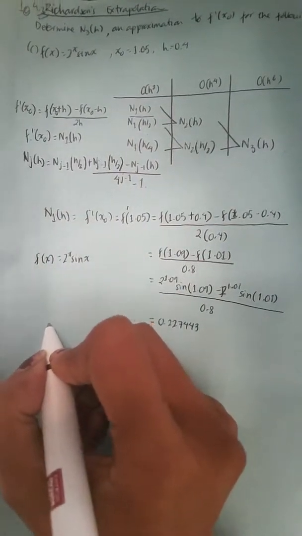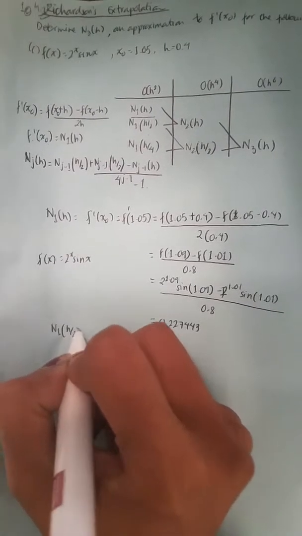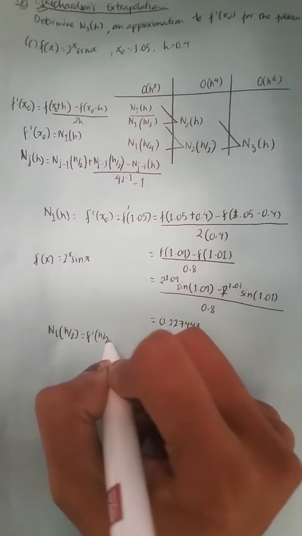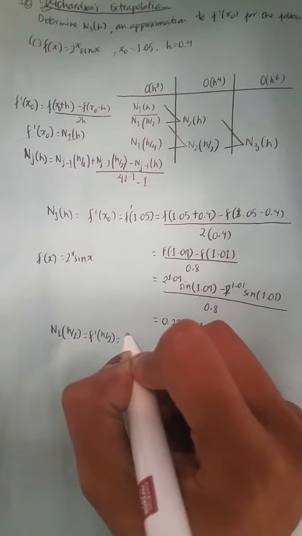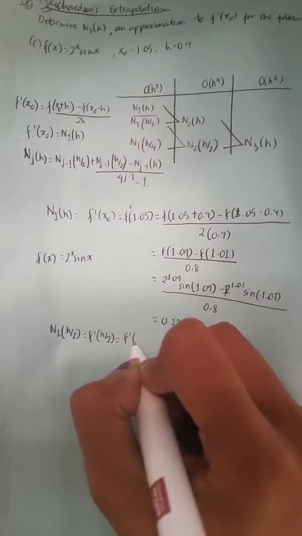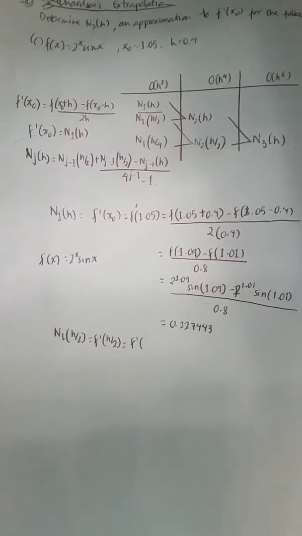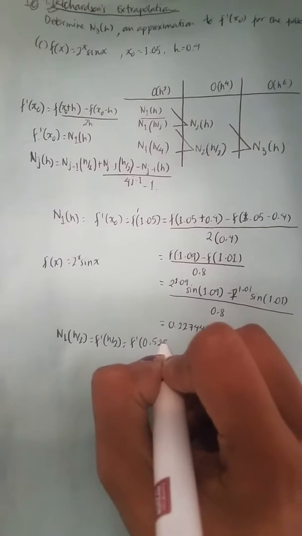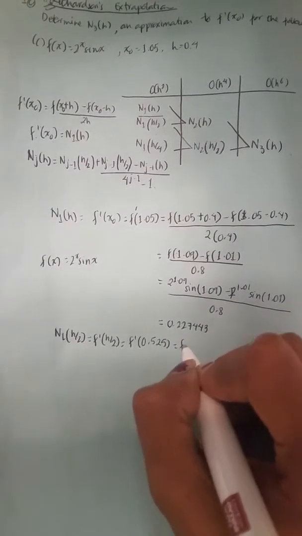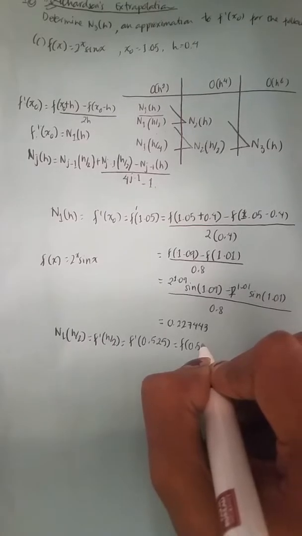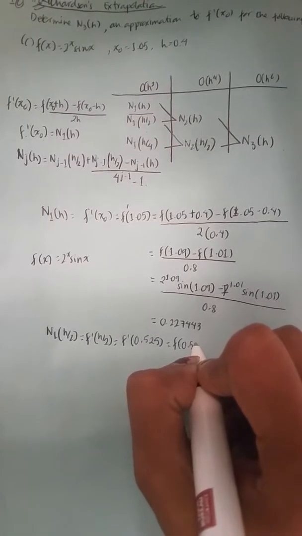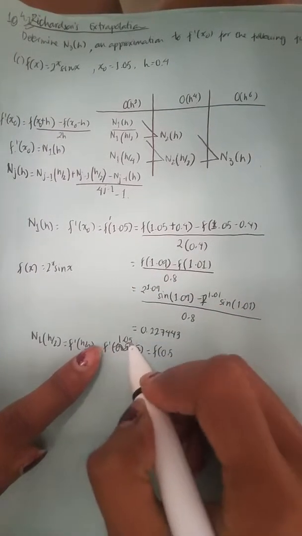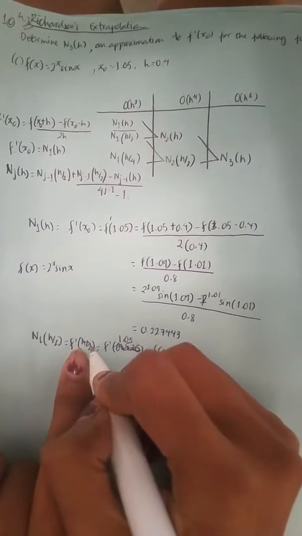Cool. Let's calculate N1 of h over 2, which is f prime of x naught using h over 2. Sorry, it was an f prime of 1.05, same as here, but now we're doing h over 2, okay?